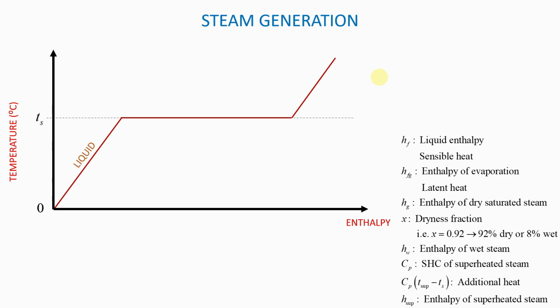So the first phase that we have is liquid. Imagine that you have water in a pot and you have put it on a stove. Now you turn on the stove and the plate is getting hot, and that water is beginning to get hotter and hotter. So initially, the water that you have in your pot will be liquid, and this is the place where the water is liquid.